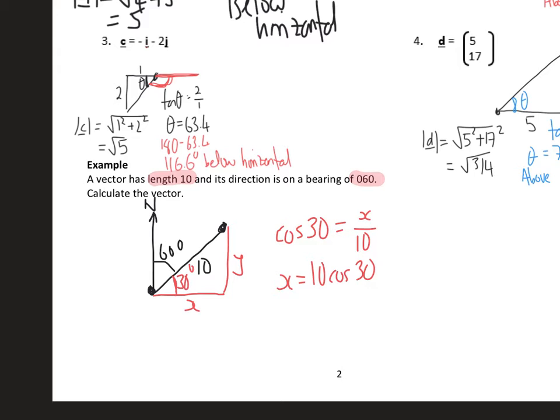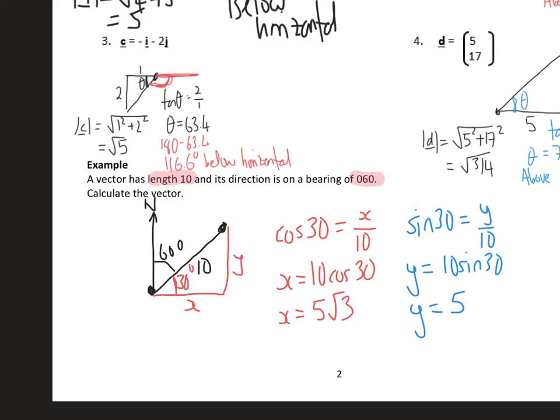And I can type that in my calculator to get x is 5 root 3. I can do the same thing for y, so that's opposite, so I'm going to use sine. So sine 30 is the opposite over the hypotenuse, so y over 10. So I can times both sides by 10 to get y is 10 sine 30, which I can just type in my calculator and just get y is 5.